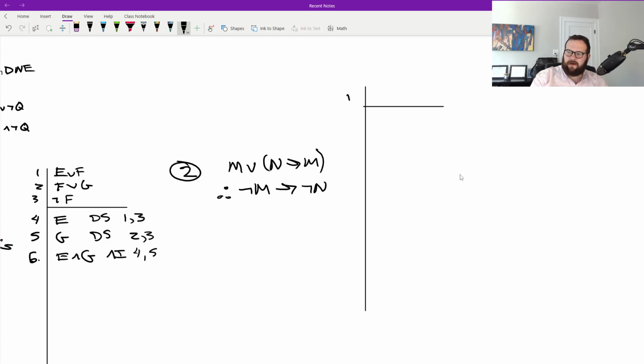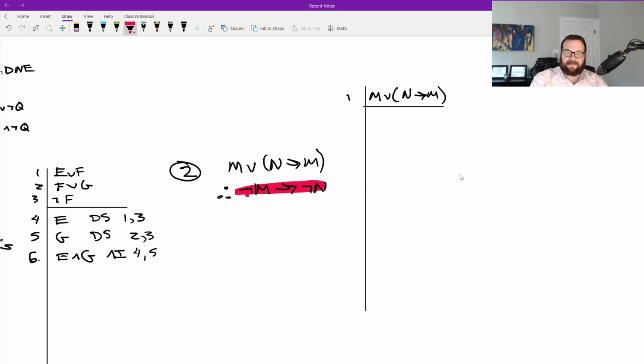Line 1, our premise: M or if N, then M. Now, let's briefly talk proof strategy. Our conclusion is a conditional, right? With conditionals, you should always follow these two steps. Step one, look to see if your exact conditional appears in the premises, like you can just get it out by using conjunction elimination or something like that.